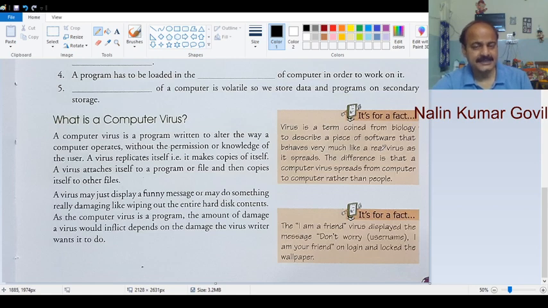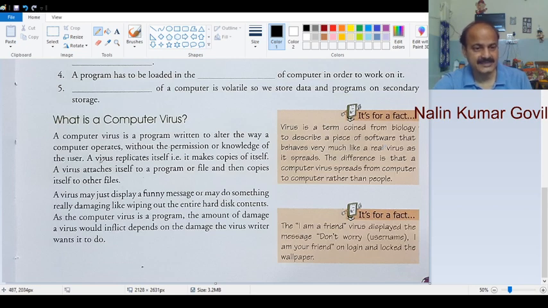In the same way, the computer virus also spreads from one computer to another computer. Clear? How? What is the medium? The medium is either the pen drive or the internet or the CD or the floppy. So these are the media for spreading the virus among computers.